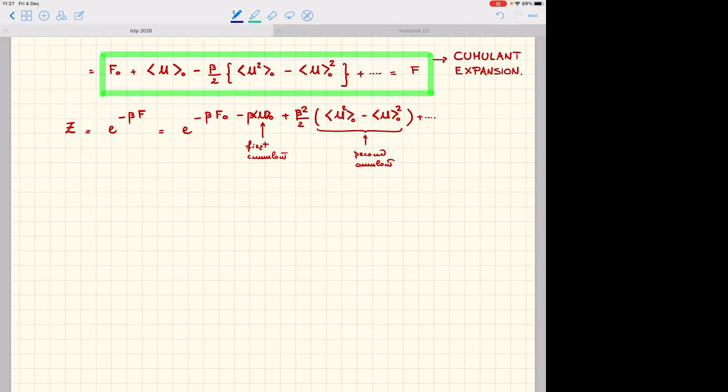So now let us do this for our physical system. So let us implement it for two-body interaction.